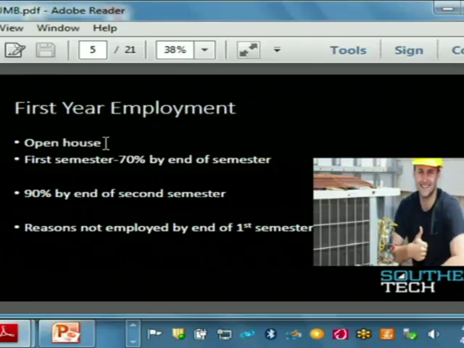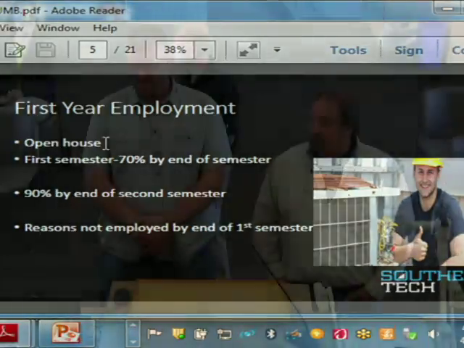There are reasons why some are not employed. Most of them would be a personal reason. Mom and dad are giving them money, so why get a job? Other things we've talked about are people who are maybe not employable at the time. They come in and they have a DUI on their record, something like that.